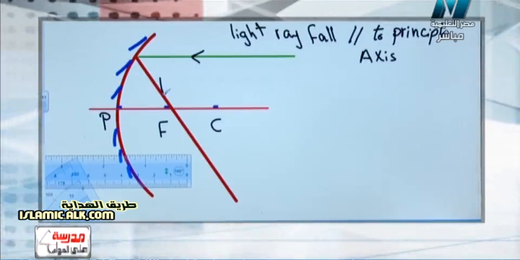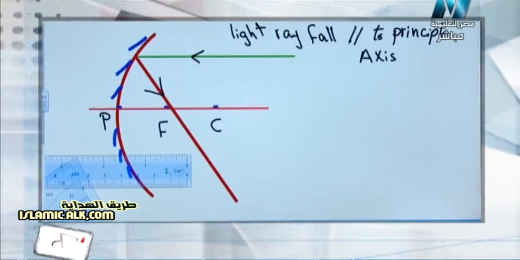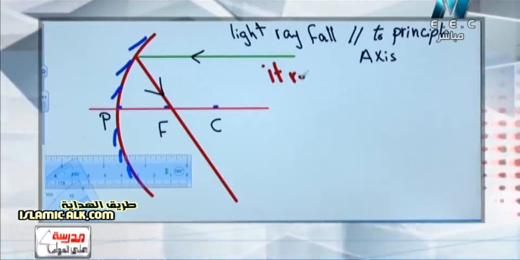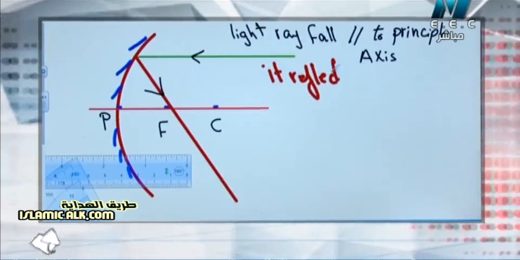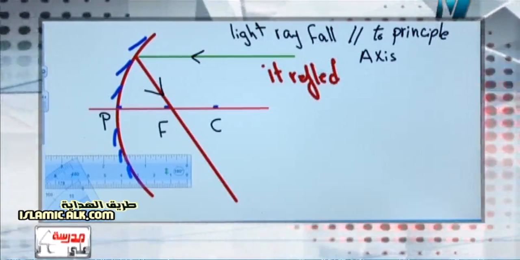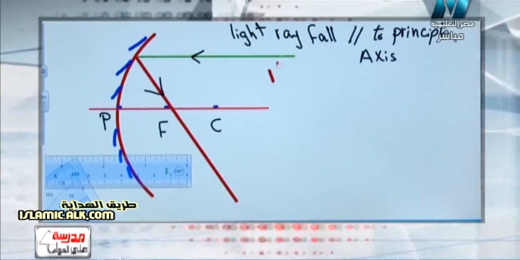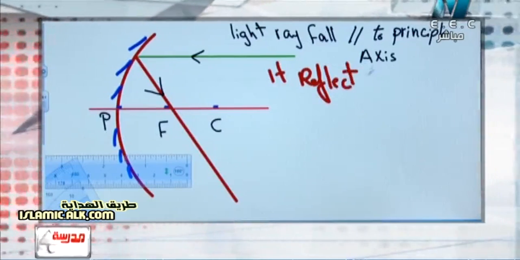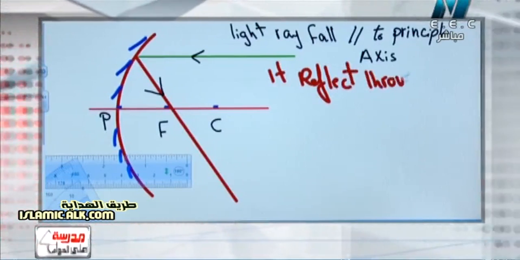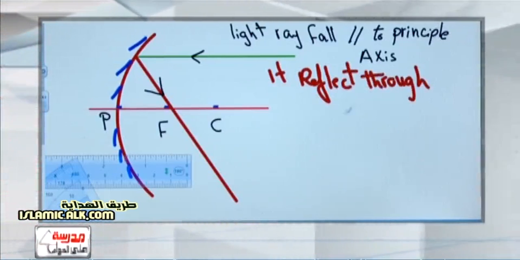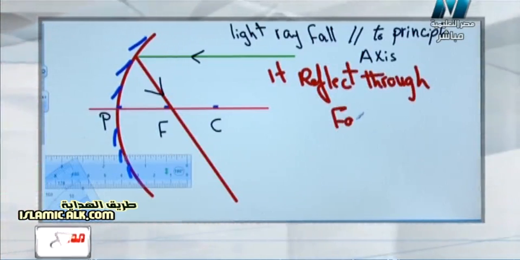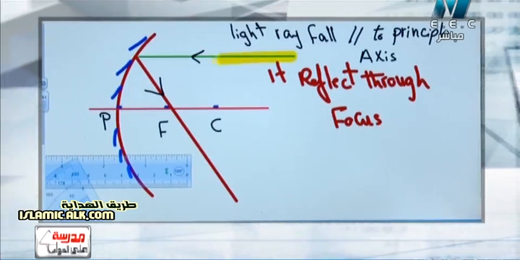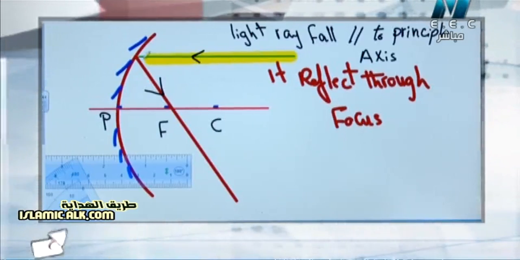I will answer this question: it reflects through focus as a first case. If the light ray falls parallel to the principal axis, it reflects through the focus.